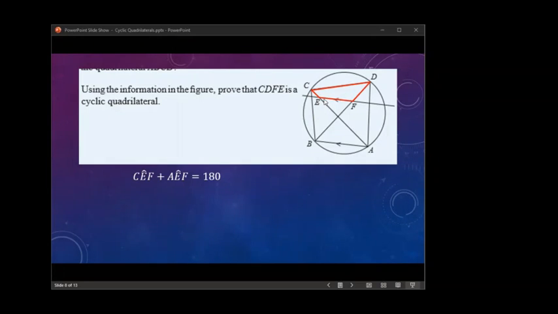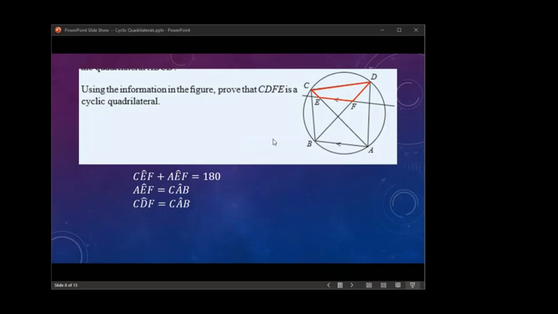The sum of those two angles is equal to 180. Okay, so next we can write AEF is equal to CAB. Why? Because of these two parallel lines, they are alternate angles.